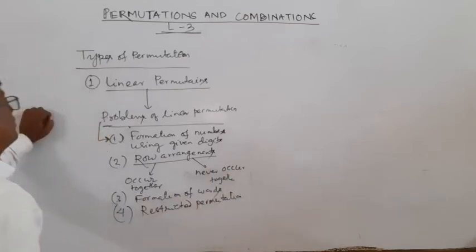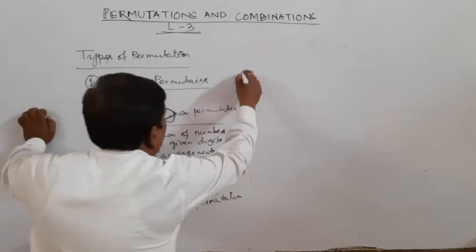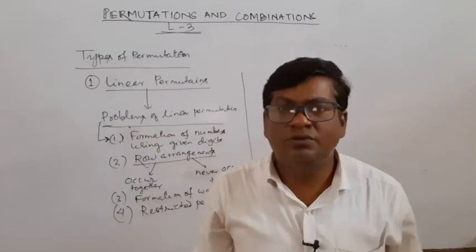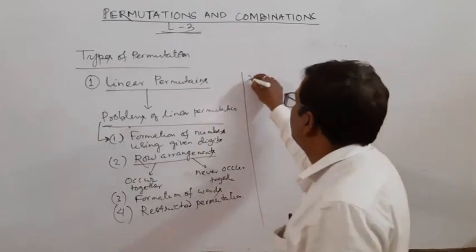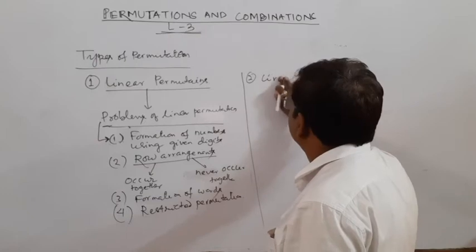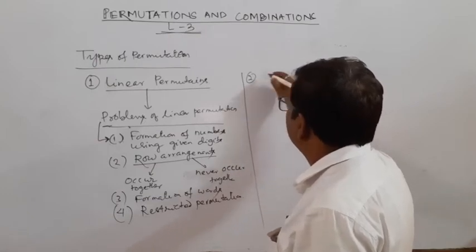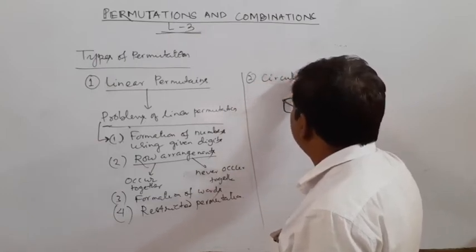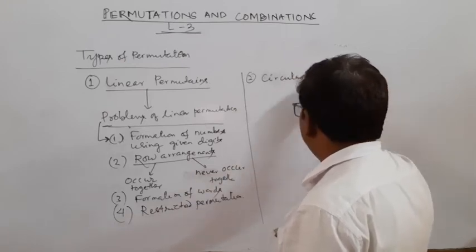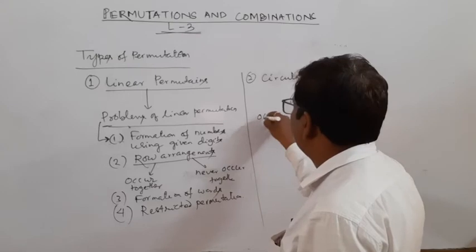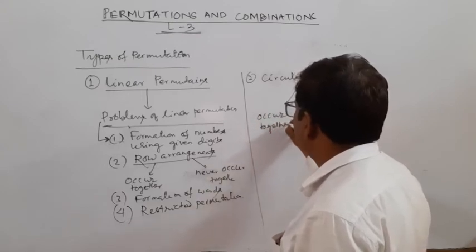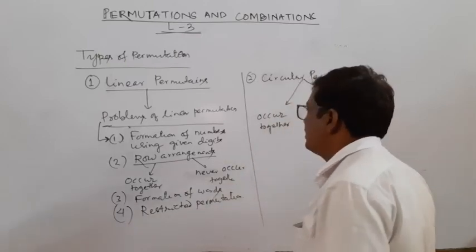This is linear permutation, and number two is circular permutation. Circular permutations here also occur together, and here also never occur together.